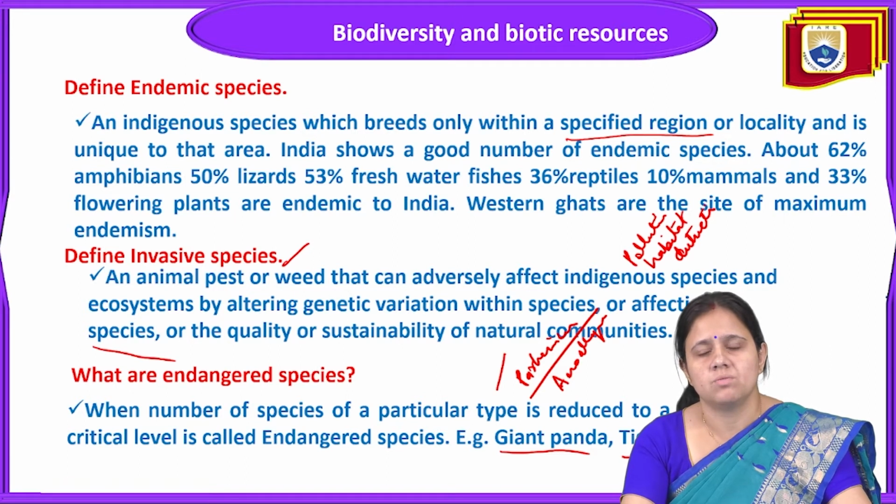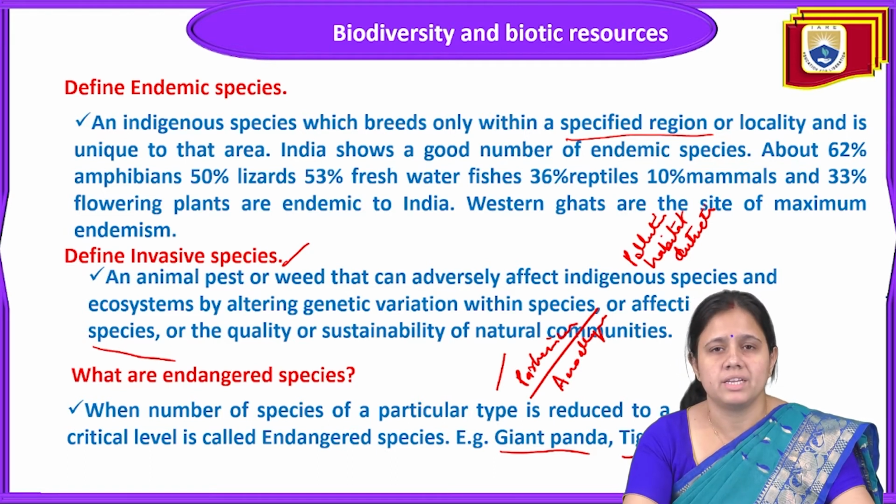So the tiger was once an endangered species, but now they are growing well, and the government has made many projects to protect the tiger in India. These Indian tigers are endemic to India only. Now its population has increased, and it is an example of an endangered species.